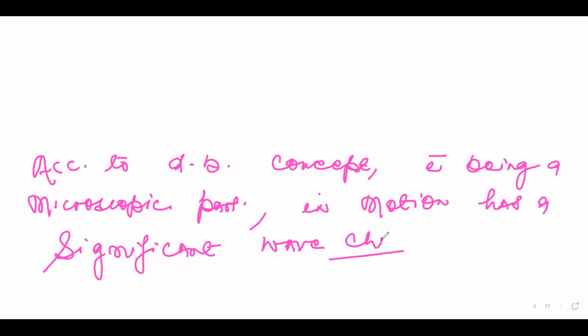As a result, electron around the nucleus cannot revolve in fixed circular paths.